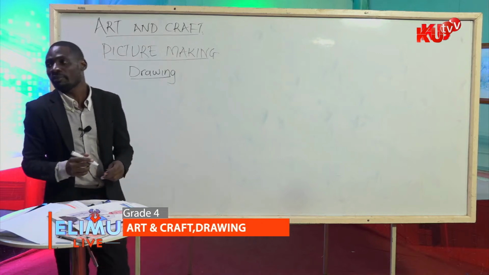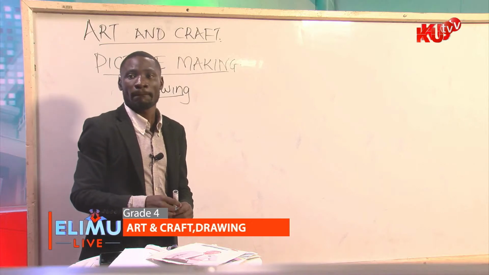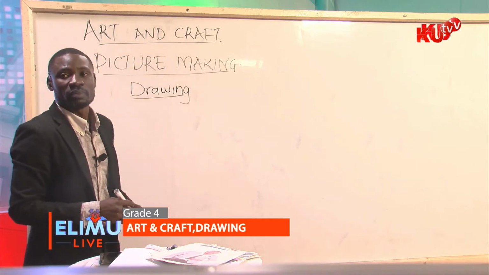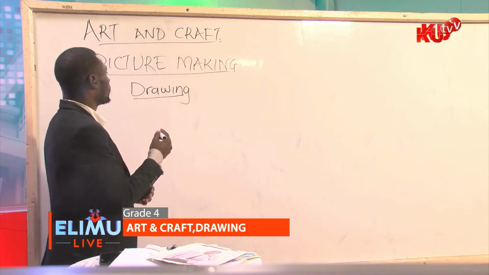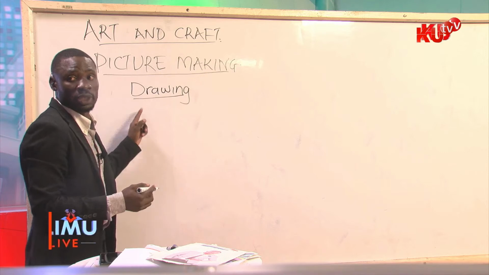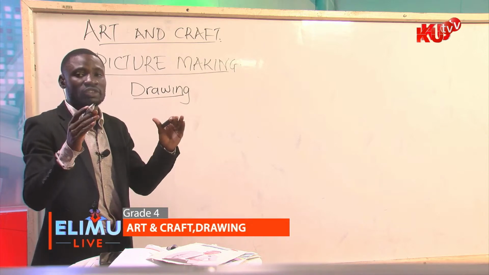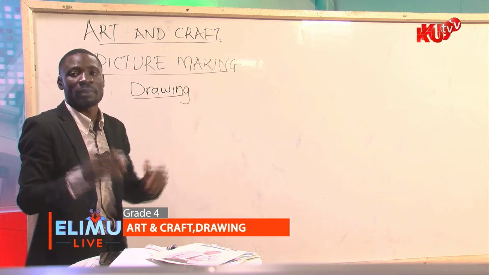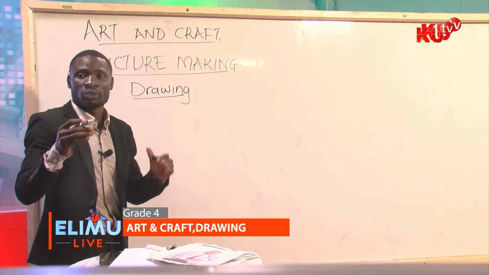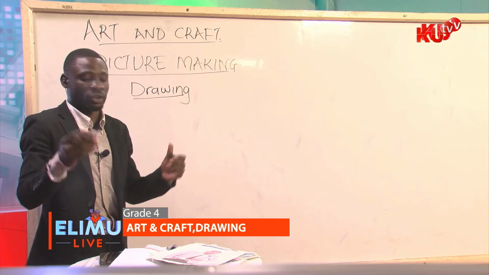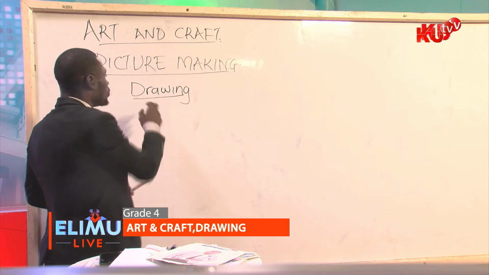Pictures can be made in various ways, and one of the ways that pictures can be made is by drawing. Some pictures are taken. You can use a camera to create a picture. You can also use collage and mosaic, etc. But today I want us to major on drawing.